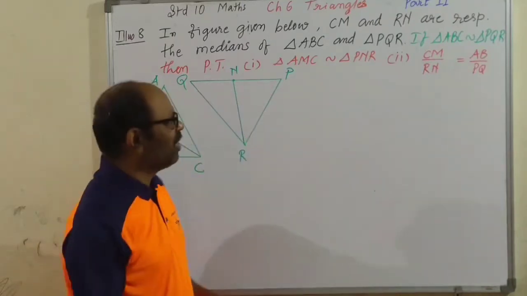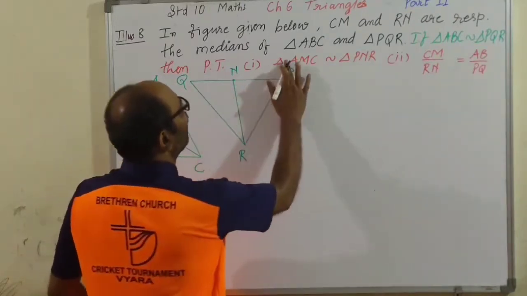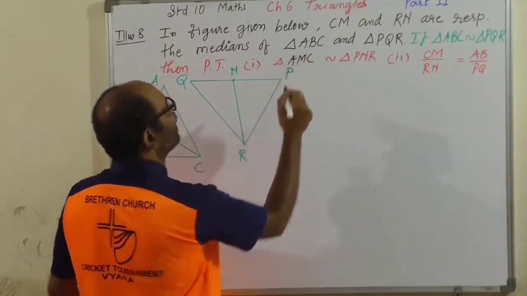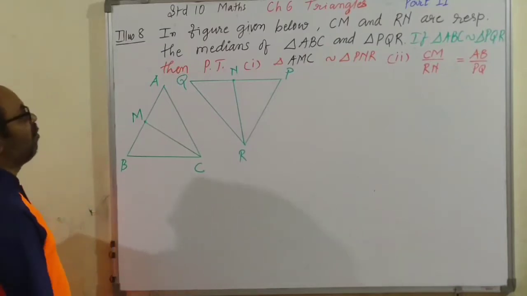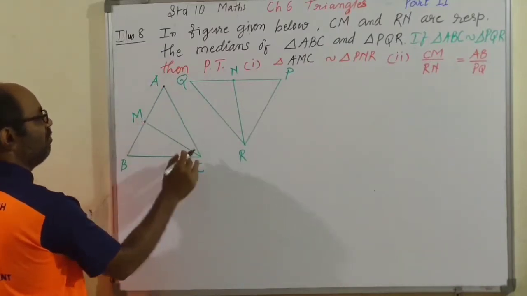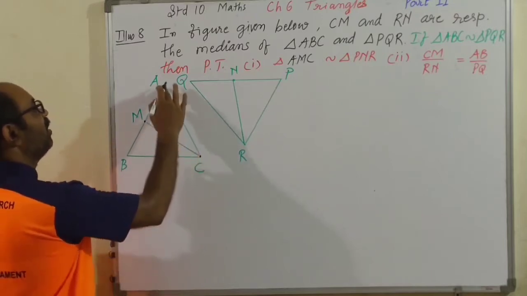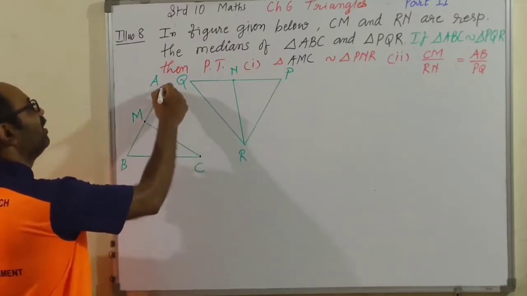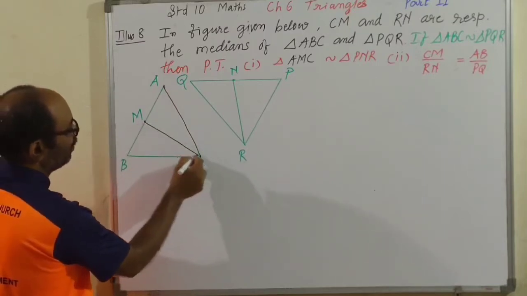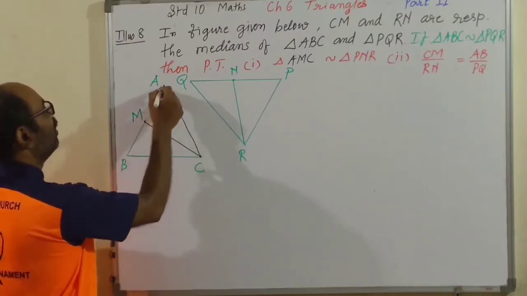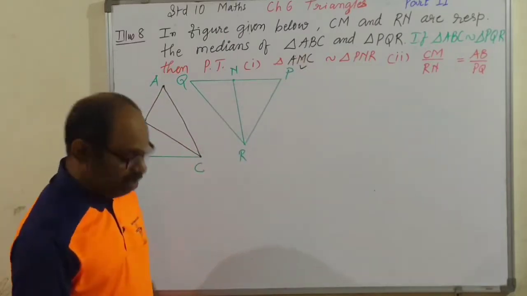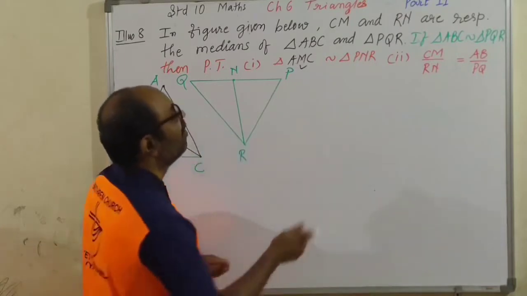Well, let's check. Let's look at this first. Triangle AMC I made black. Where are those 3 points? Find out. A, M, and C. So I'll make it black. This black triangle is similar to the red triangle.